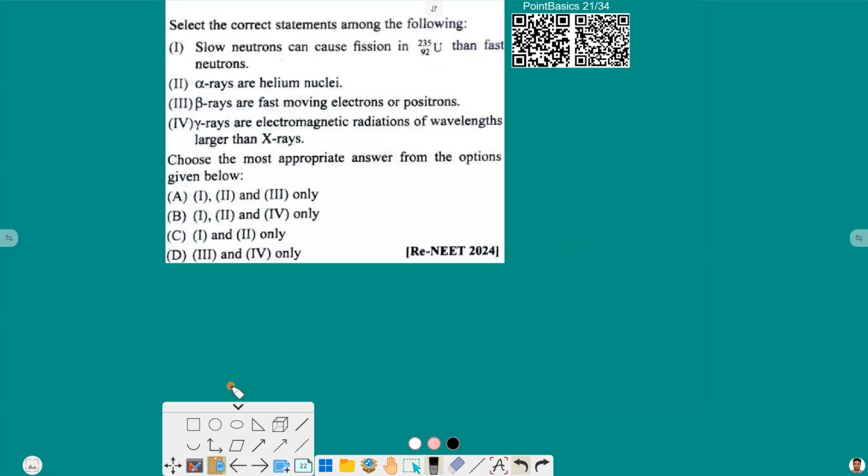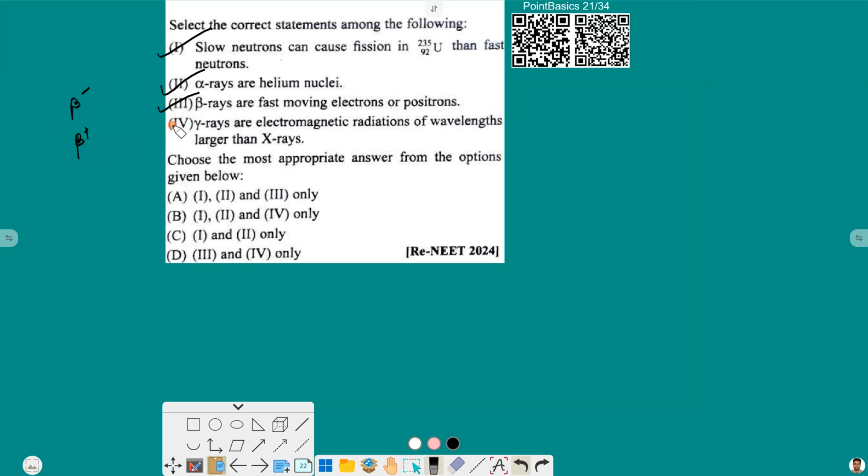So now the next one. Select the correct statement among the following. Slow neutron can cause fission in uranium-235 and then the fast neutron. Yes, that is the right answer. Moving to the next, alpha rays are helium nuclei. Yes, this statement is also right. Now third, beta rays are fast moving electrons or positrons. Yeah, that is also right. We have beta negative and beta positive, so here we are considering general beta rays.